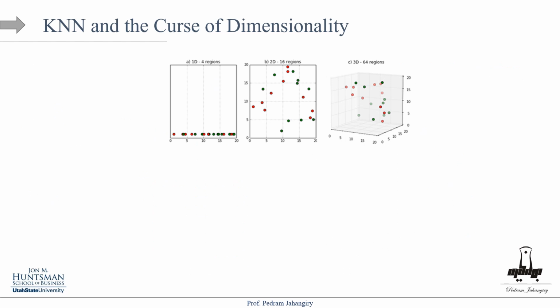Okay, now let's talk about the curse of dimensionality when we are dealing with KNN models in general. Let's start with the classification model. So imagine there are two classes, red and green. And then we're looking at the data sets in 3 different dimensions, 1 dimension, 2 dimensions, and 3 dimensions, the ones that we can visualize, right? So if the dimensionality of the data is only 1, then finding neighborhoods in which there are observations is not difficult, right?